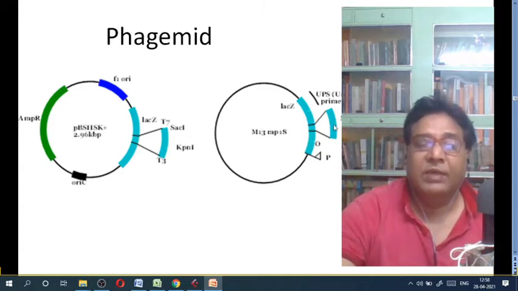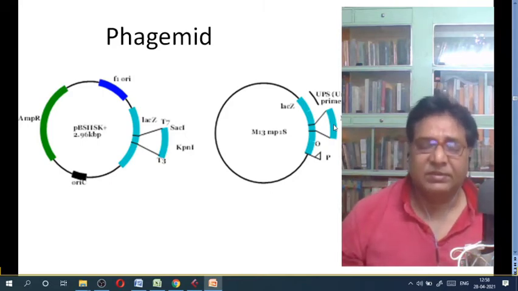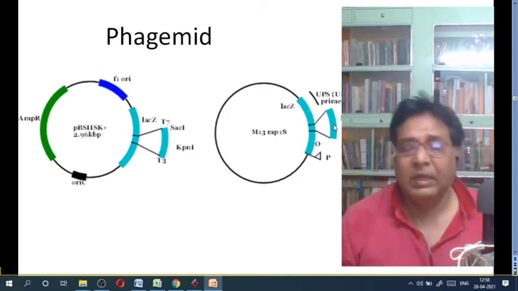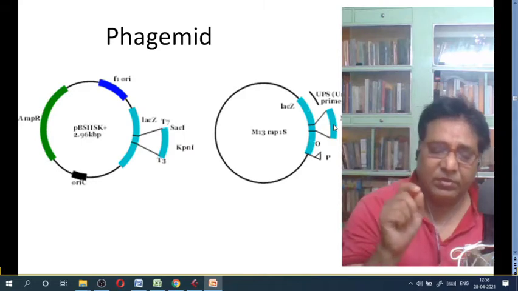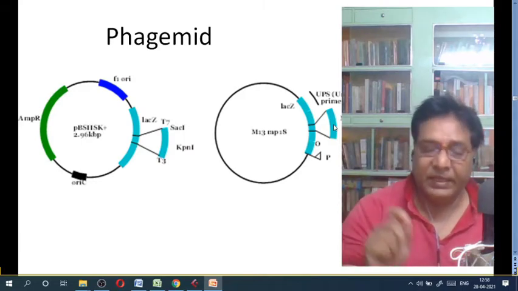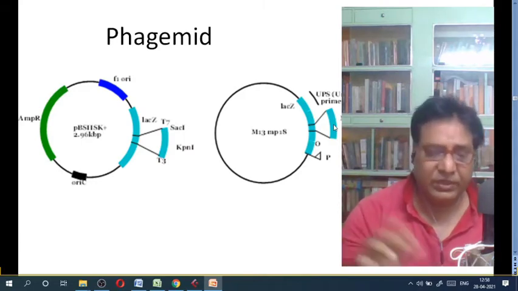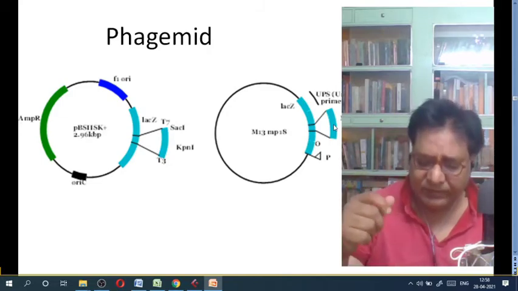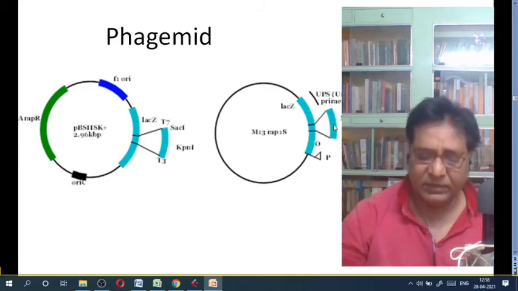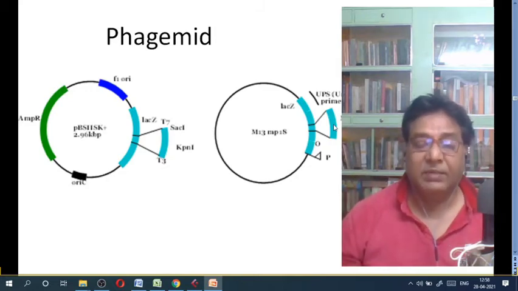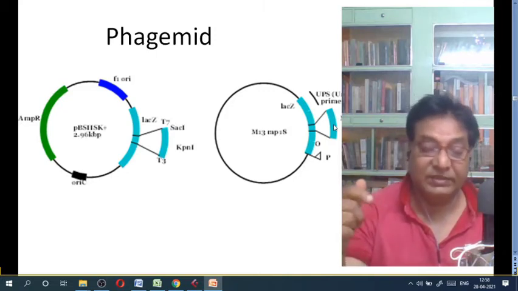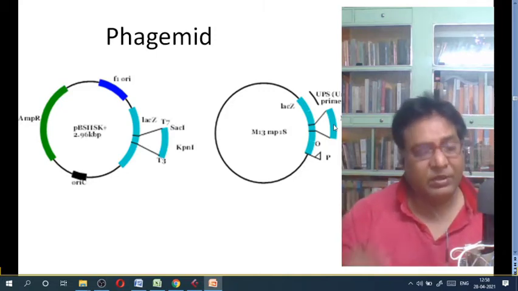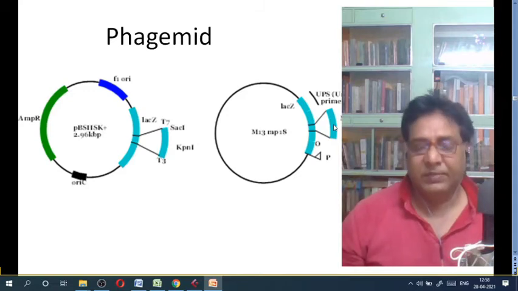So if you want to make some alteration, some mutation in your gene, you want to change a single nucleotide base pair, maybe from AT to GC or from GC to AT, whatever, or maybe you want to change an oligonucleotide, maybe 7, 8, 9, 10 nucleotides long sequence, or only one base pair, you can go for this.